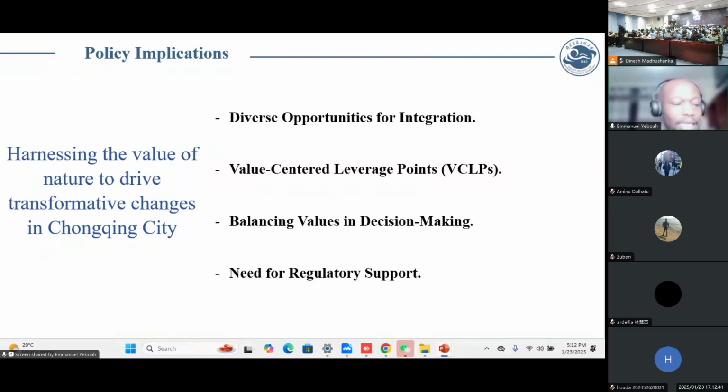With this, a holistic approach is necessary, recognizing both intrinsic and instrumental values in conservation policies. Policies like the tree planting policy, which we normally experience, especially the Chinese government introduced this policy of tree planting just to regulate temperatures within the city center, which most of us or all of us know.